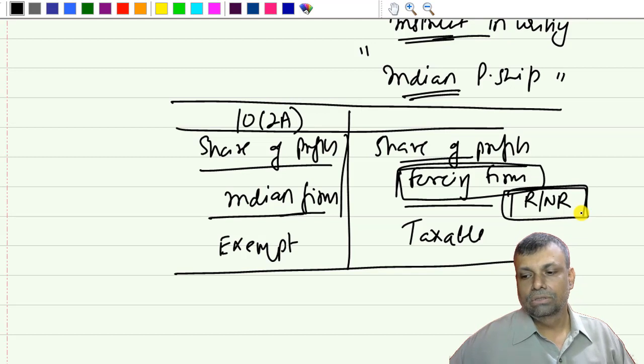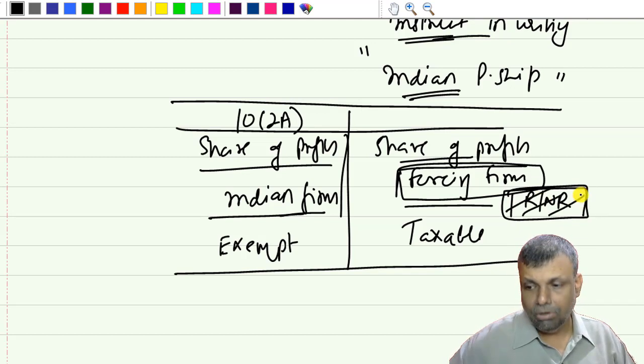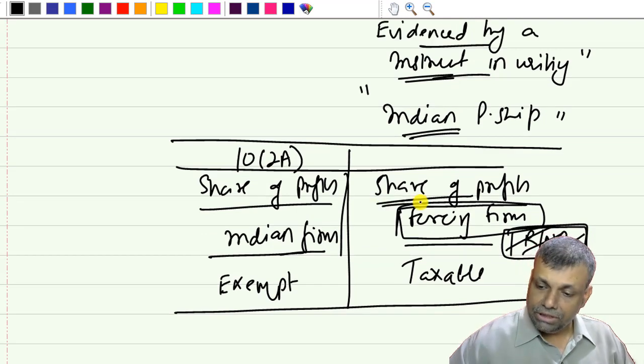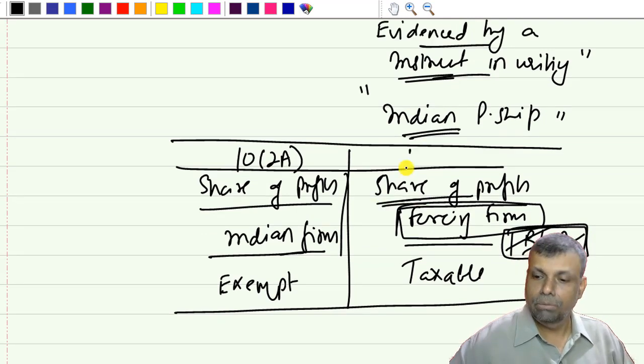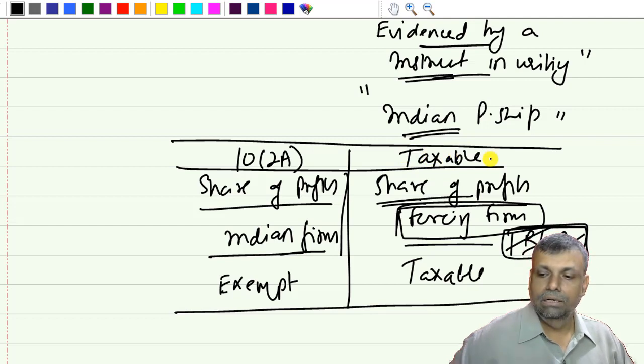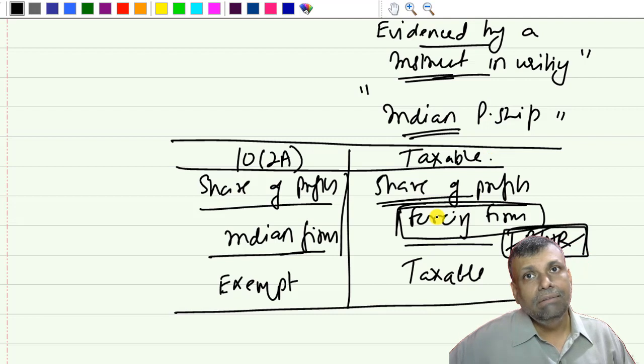So we are not talking about residential status here. We are talking about foreign firms. So the share of profits in the hands of the partner from a foreign firm will be taxable in India. And this is a very popular view from a taxation point of view.